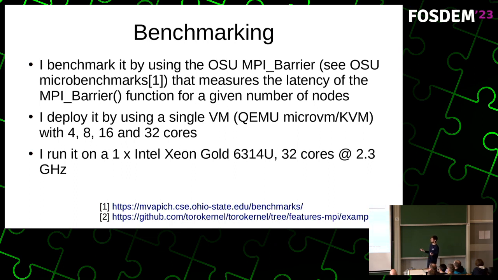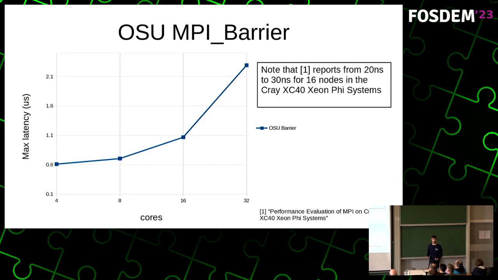So I launched the test and I tried to measure things. I was just measuring the latency, taking into account the max latency over 4, 8, 16, and 32 cores. I'm getting values in the order of microseconds.